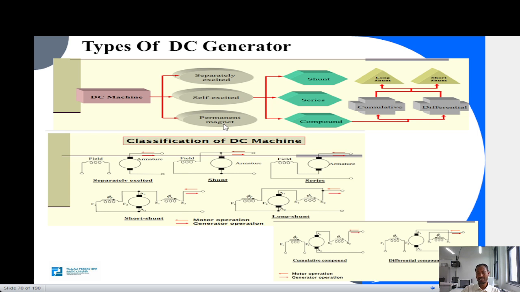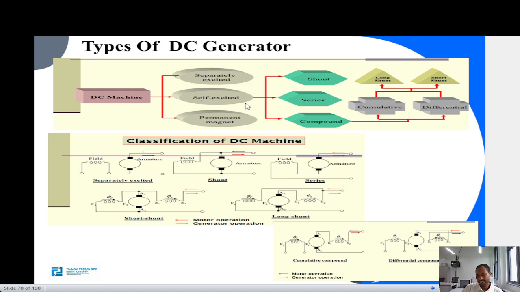This classification is based on their excitation principle. When we say separately excited, the field and shunt windings are supplied from separate sources. That's why the name is called separately excited.